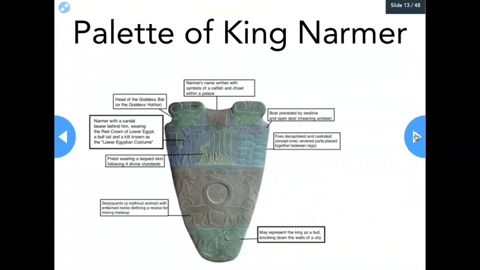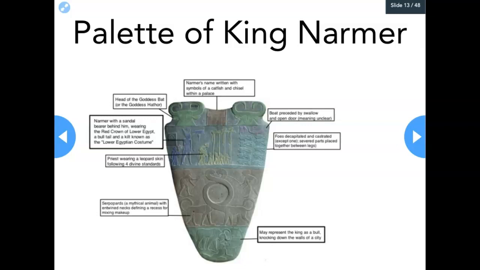So these are some of the details that on the other side, again, we have Narmer's name. We have, again, the heads of these goddesses, the Bat. Again, here he is in hieratic scale, and look at all these guys over here. You might be able to see a bigger detail in your book. Let me just check for you one sec.